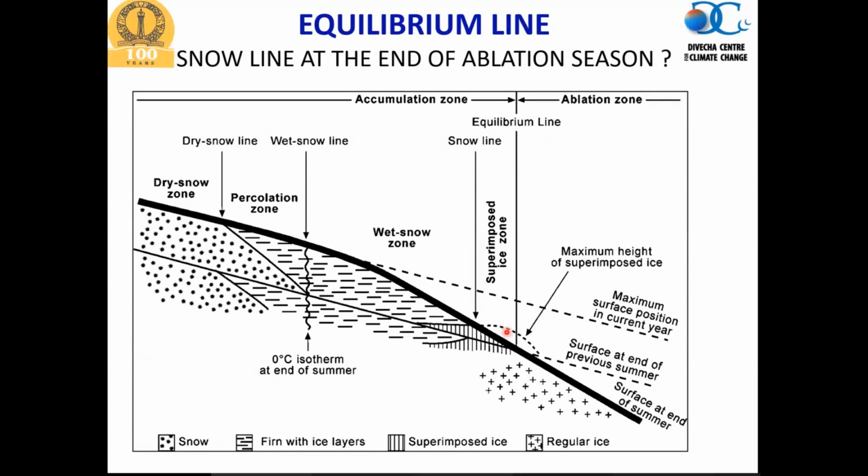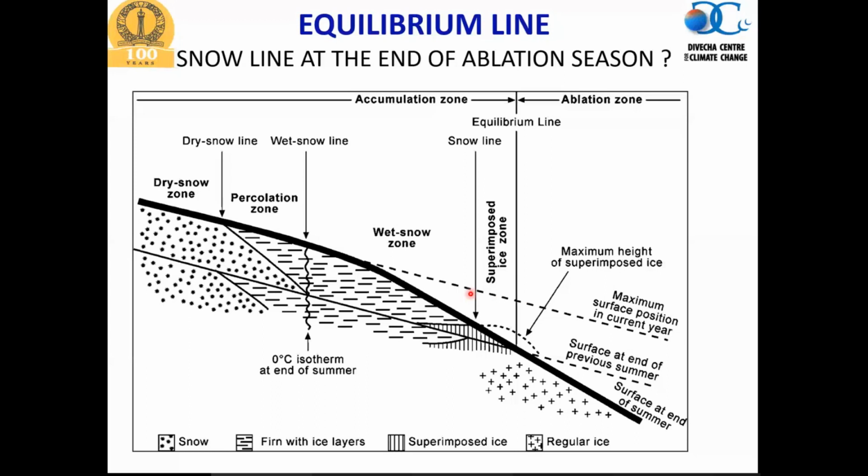I have gone to many glaciers in the Himalayas, and to many glaciers in the Arctic. But in the Himalayas, there is no superimposed ice. So the equilibrium line, which is at the end of superimposed ice and from where the glacier ice surface starts, gets shifted.